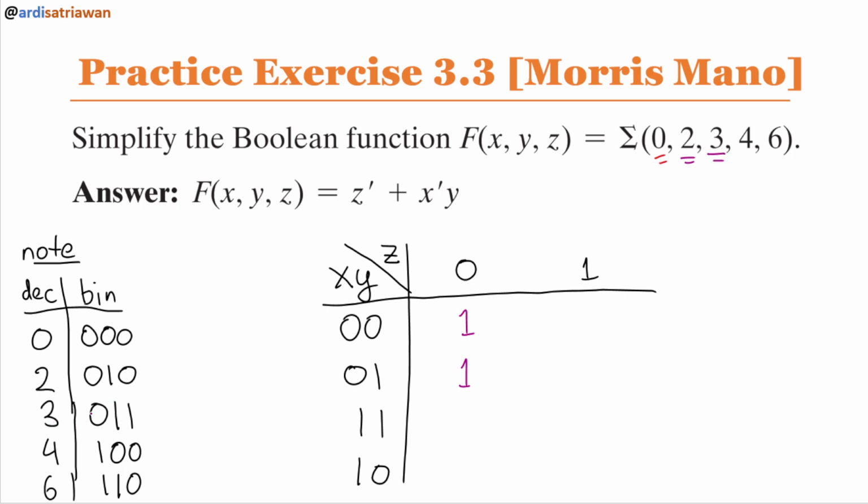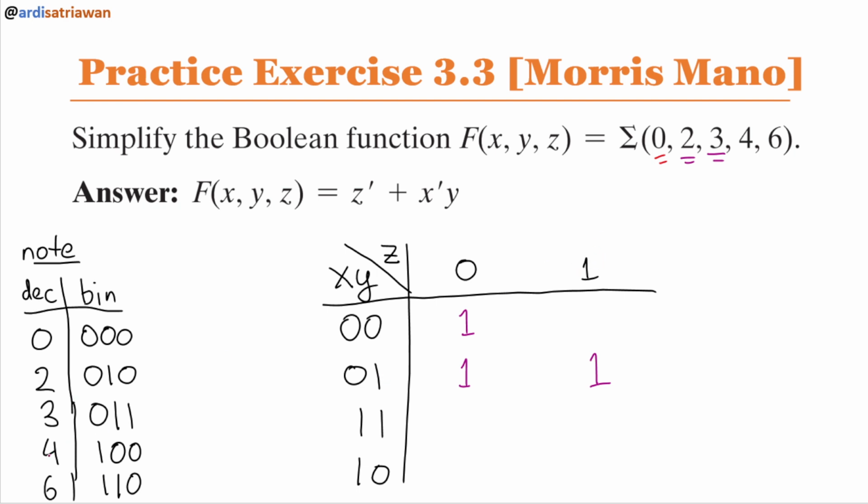Now let's find out 3. 3 is 0, 1, 1, so we need to input 1 here, because this is 0, 1, 1, which is 3.